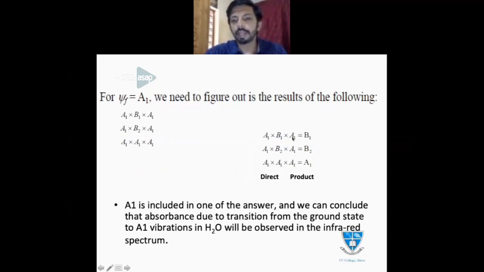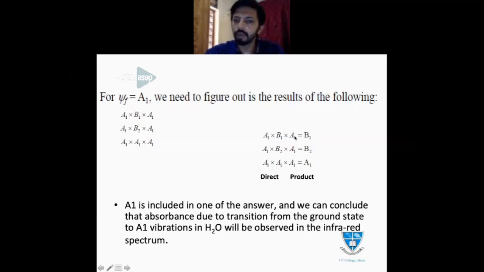If a1 and b1, you will get b1, and b1 into a1 you will get b1. a1 into b2, you will get b2, and b2 into a1 you will get b2. a1 into a1 you will get a1.